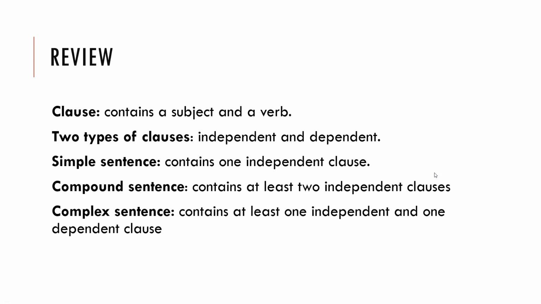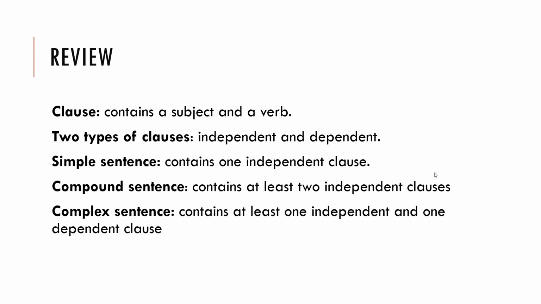So, to review, a clause is a group of words that contains a subject and a verb. There are two main types of clauses, independent and dependent. A simple sentence contains one independent clause. A compound sentence contains at least two independent clauses.